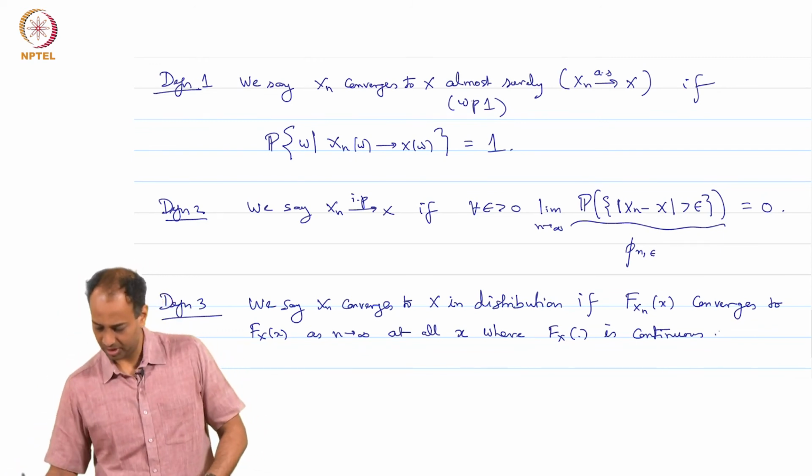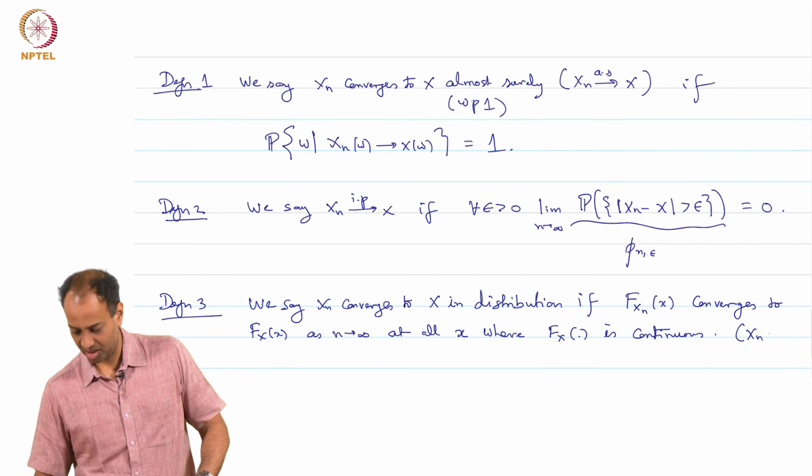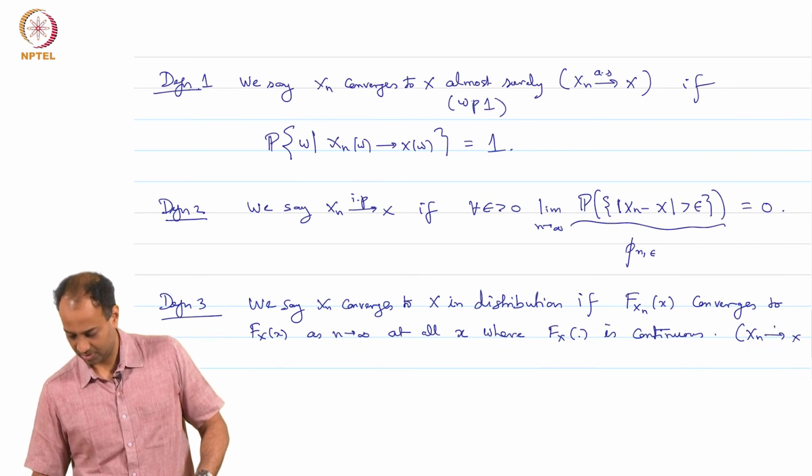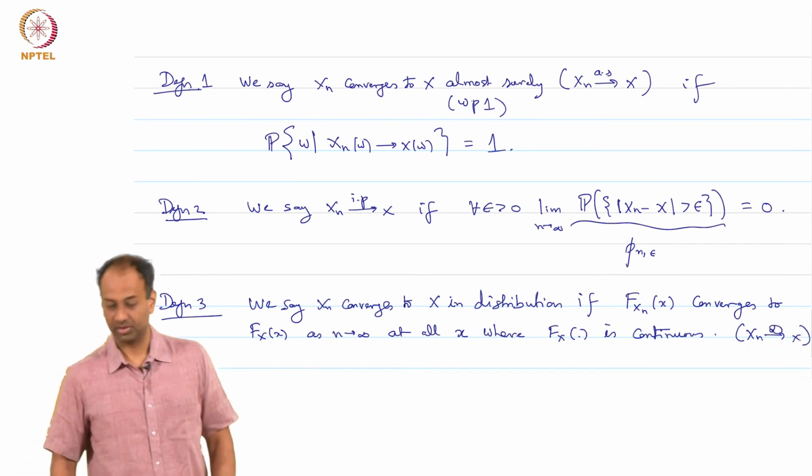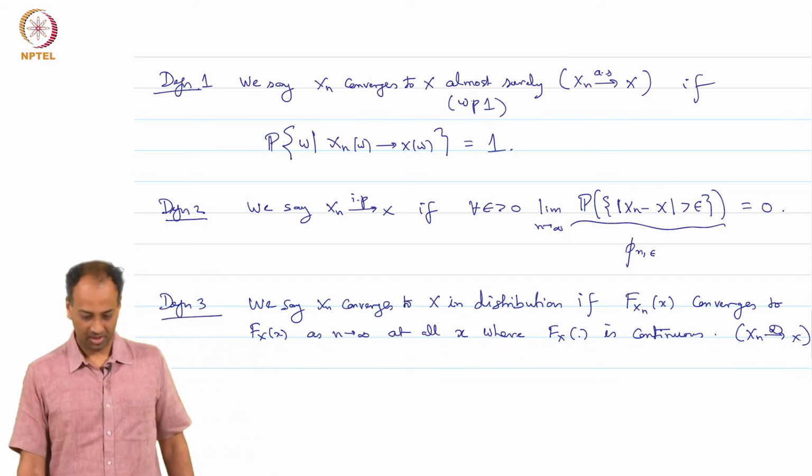So, this is denoted by X_n arrow X with a d on top, okay. Convergence in distribution.